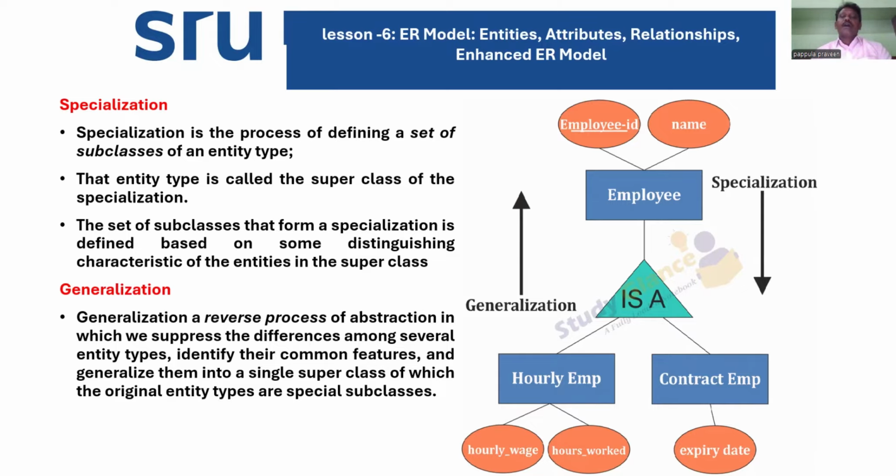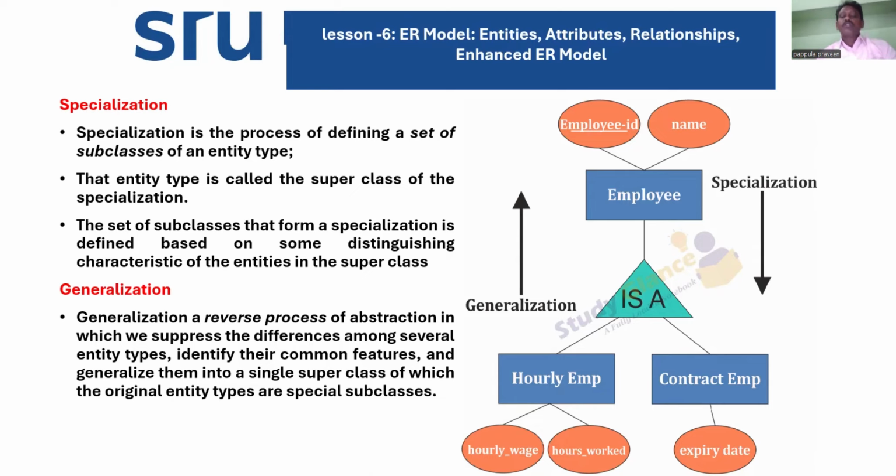Now every employee has some attributes of its own. Hourly employee has hourly wages and hours worked. Contract employee has expiry date, but hourly employee has employee ID, employee name. Same way, contract employee also contains the employee ID and employee name. So now specialization means we create the set of subclasses defined based on some distinguishing characteristics of the entities of the superclass.